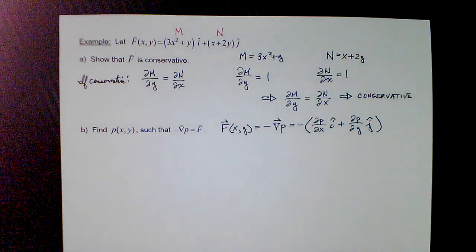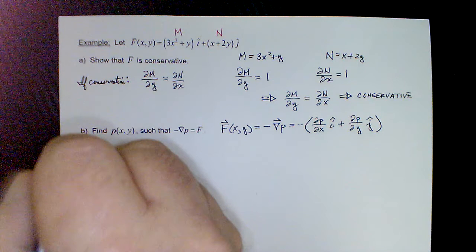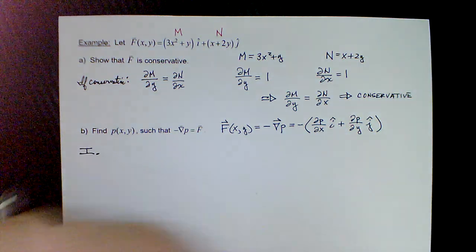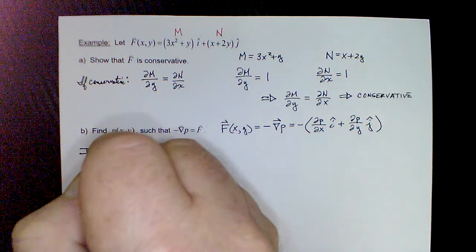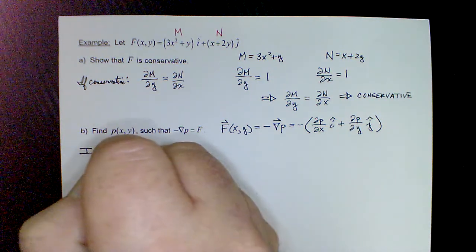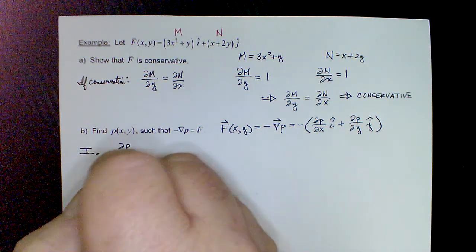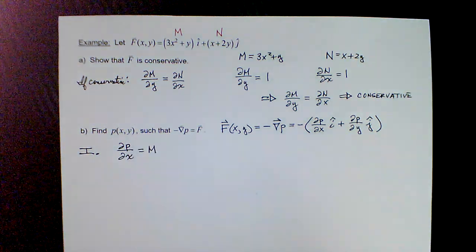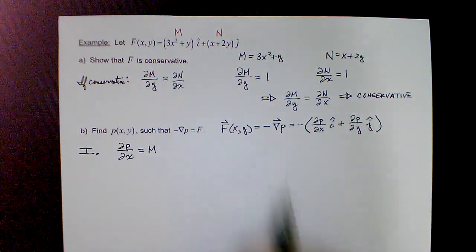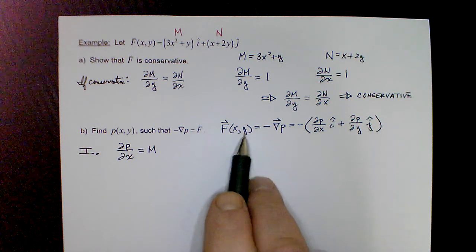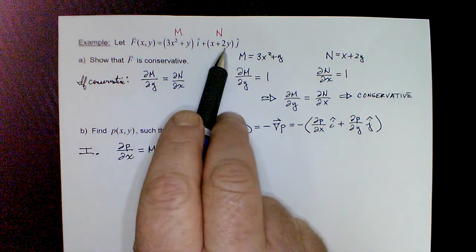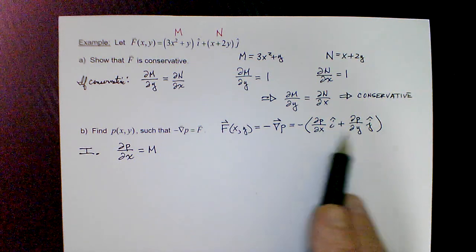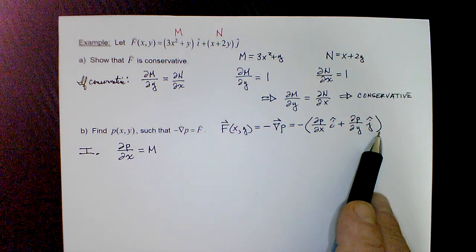So then we have that statement. What I did in the last example was I considered calling Roman numeral 1 the fact that the partial of p with respect to x has to be equal to m, because f of xy, again, is m i plus n j.